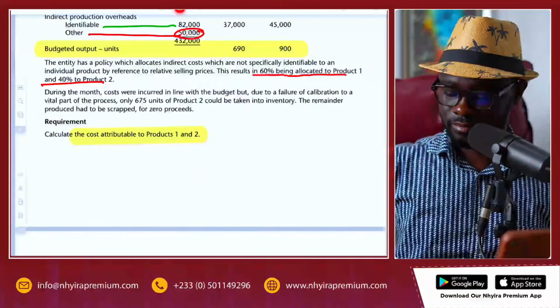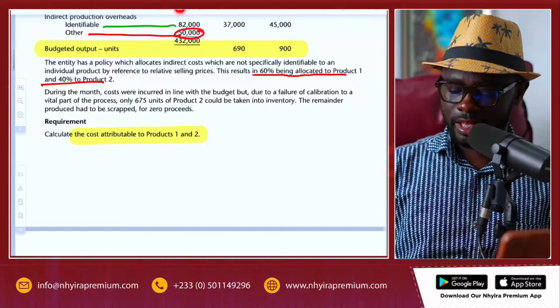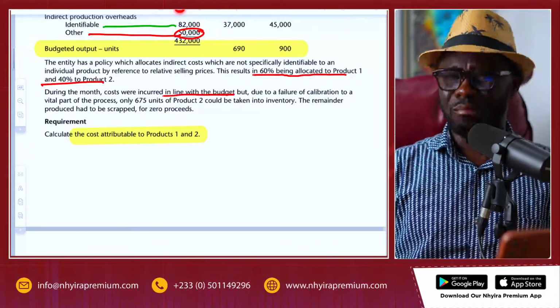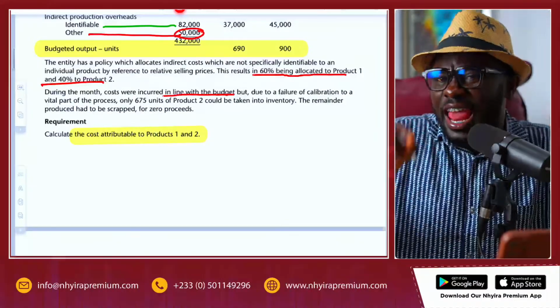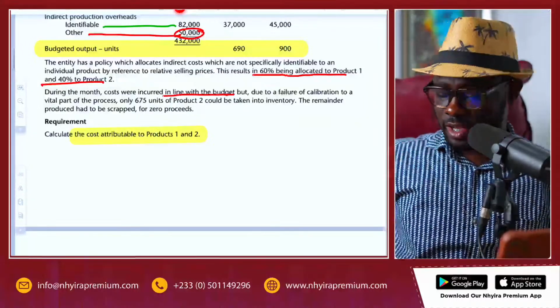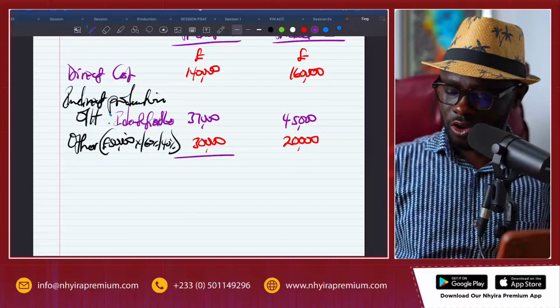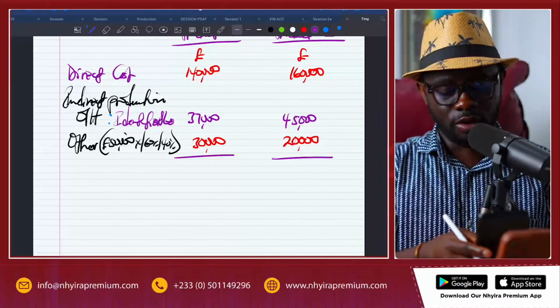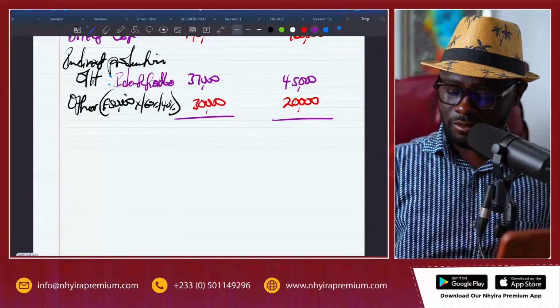Next. During the month, costs were incurred in line with the budget. Stay with me. Costs were incurred in line with the budget. All right. So it means that to get my total inventory cost, this is what is going to happen. 140, 37, 30, and that's 207 pounds.